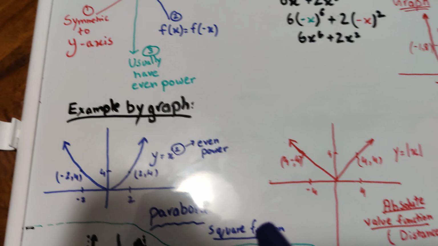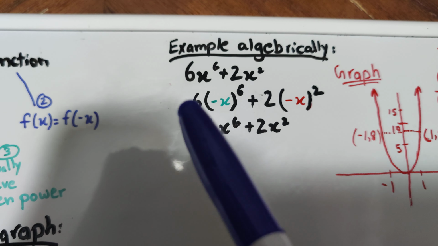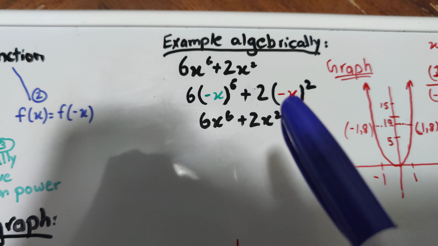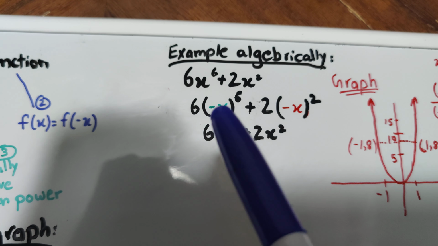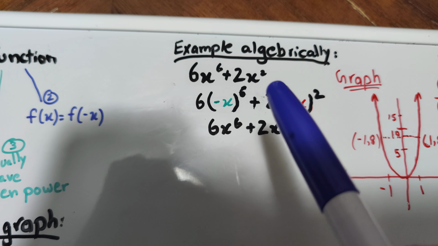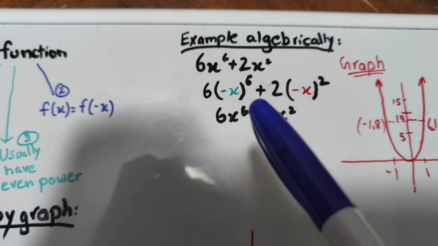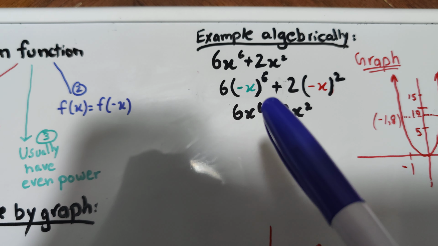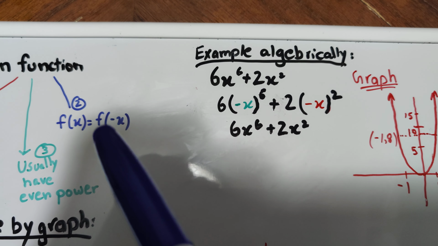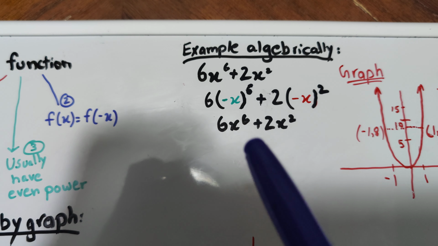Now we go to the algebraic example. If we are given the function 6x^6 + 2x^2, we can definitely find it easily. If we look, it's an even power, an even power again. Also, for finding whether it's even or odd, if we don't realize, we still just put in the negative value of x. If we get the positive value of x, it means it's an even function.